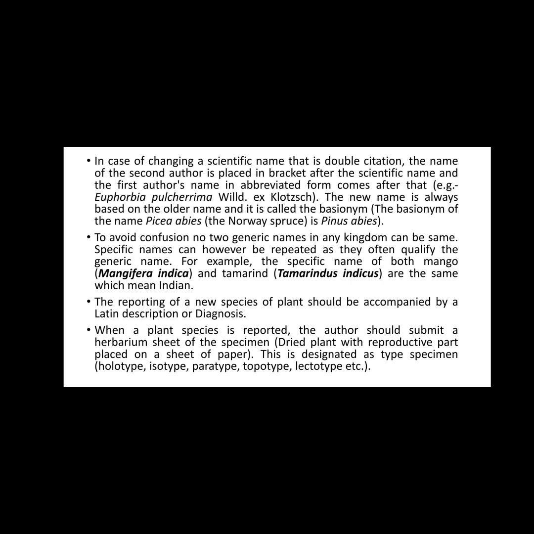Then the plant on the herbarium sheet is designated as a type specimen. It can be holotype, isotype, paratype, topotype or lectotype. So what do these terms mean? I will explain the meaning of these terms in my short videos. For now, you just remember these terms only.